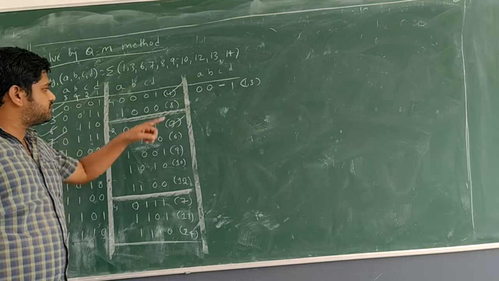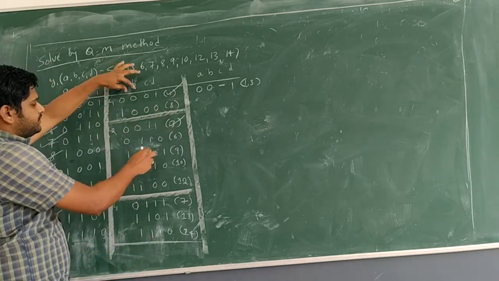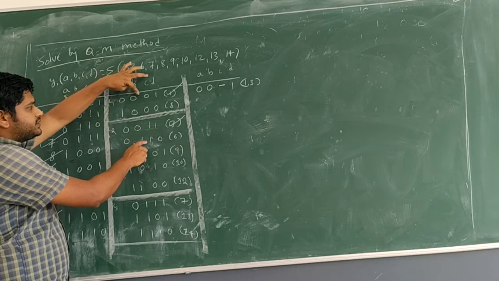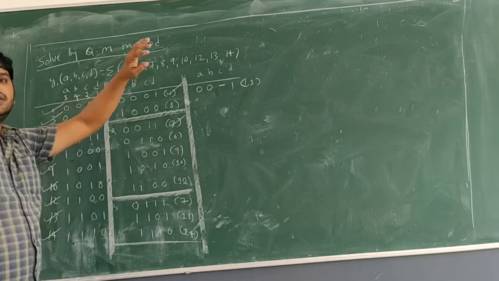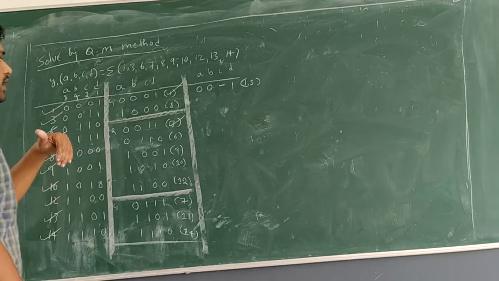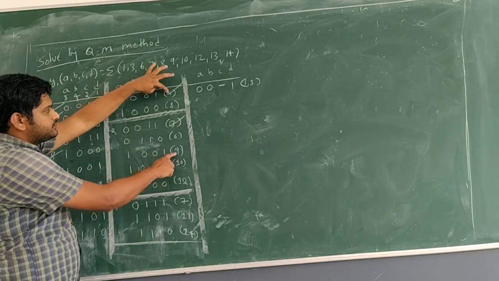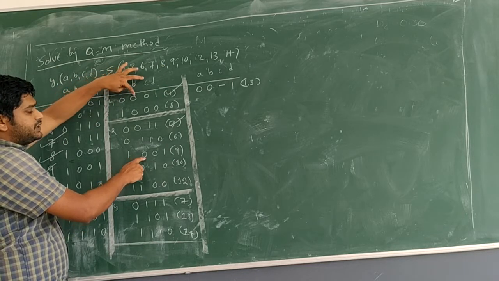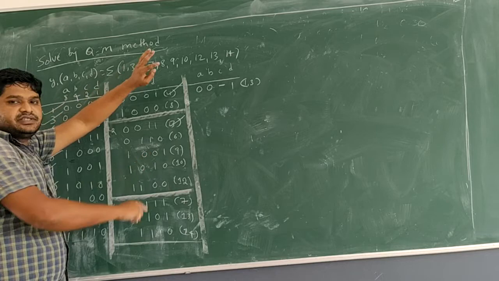Okay. Now we have finished 1, 3. So what else possibility? 1, 6. Let us see. 1 with 6. A same, B different, C different, D different. As soon as you get 2 different, you can discontinue and neglect that number. 1, 9. A different, so we have got 1 difference. B same, C same, D same.